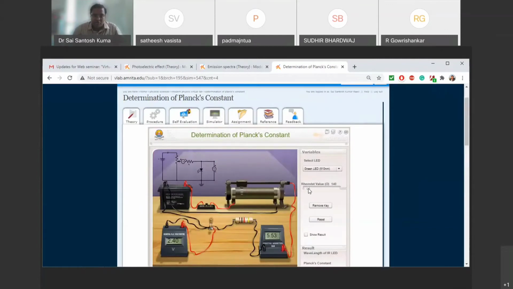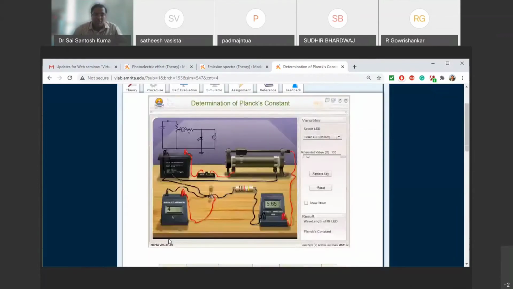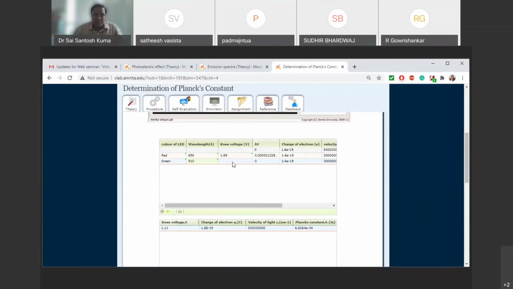You see that there is already a light available, so I need to change it slowly. Yeah, at 2.4 it glows, correct? At 2.4 it glows, so 2.4 is the knee voltage for this. So I put 2.4.